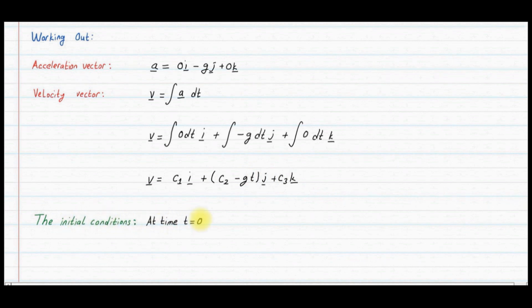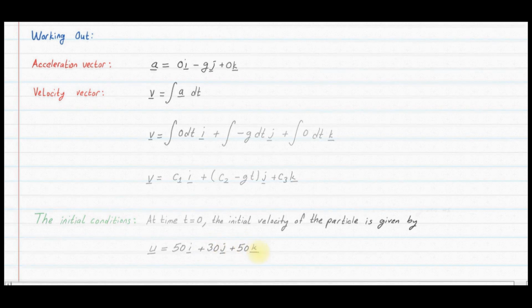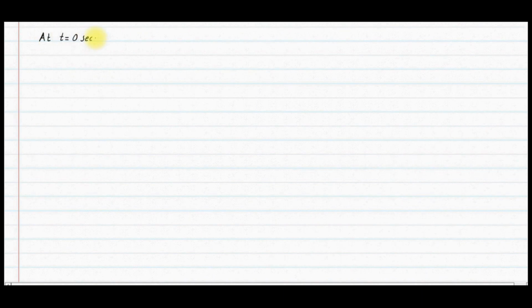The initial conditions. At time t equals 0, the initial velocity of the particle is given as u equals 50i plus 30j plus 50k. Therefore, at t equals 0 seconds, v is equal to c1 i plus c2 j plus c3 k.